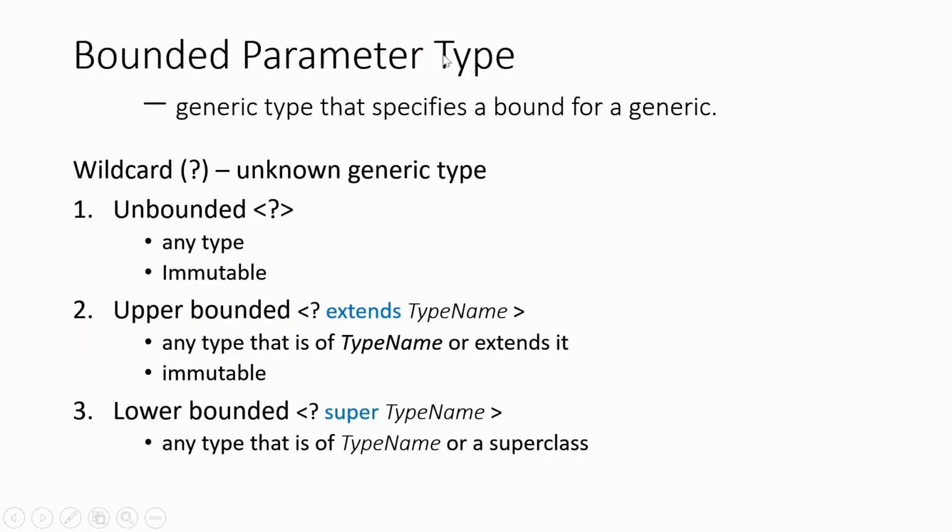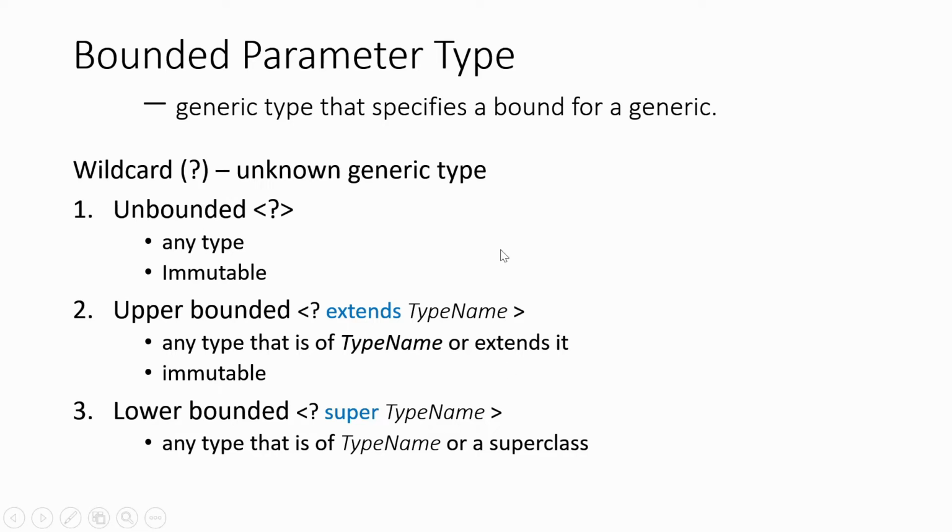A bounded parameter type is a generic type that specifies a bound for a generic. So far we have seen our generic types, where the left hand side and right hand side types are an exact match. What would happen if on the right hand side we have a child formal parameter type or a parent formal parameter type?